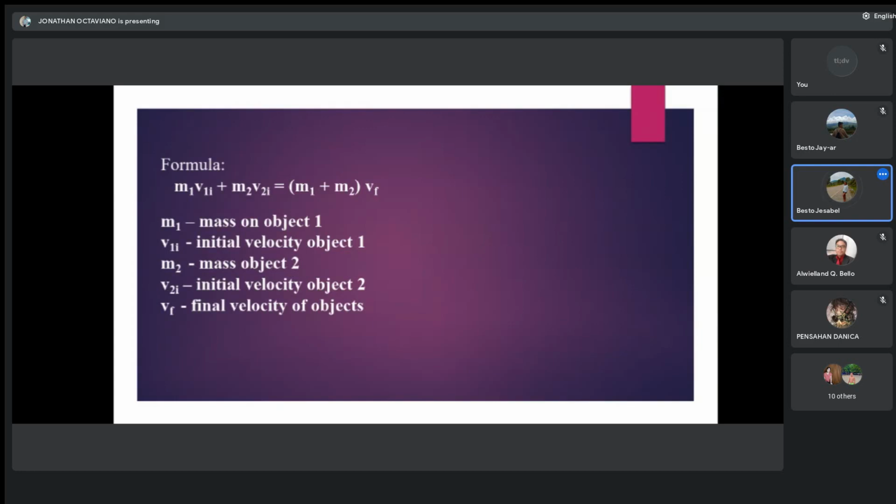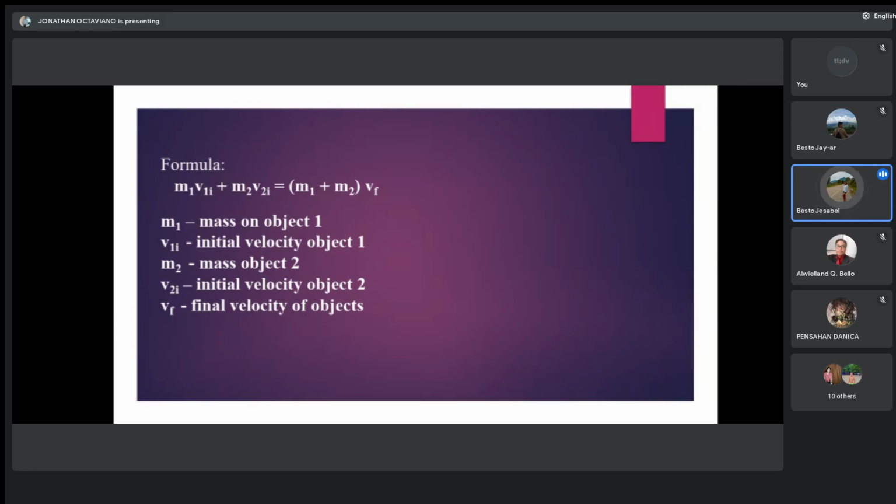Formula. The formula is m sub 1 v sub 1i plus m sub 2 v sub 2i is equal to open parenthesis m sub 1 plus m sub 2 close parenthesis v sub f.